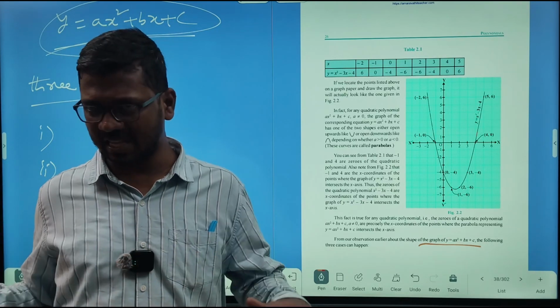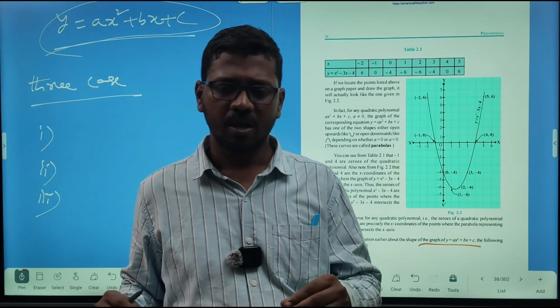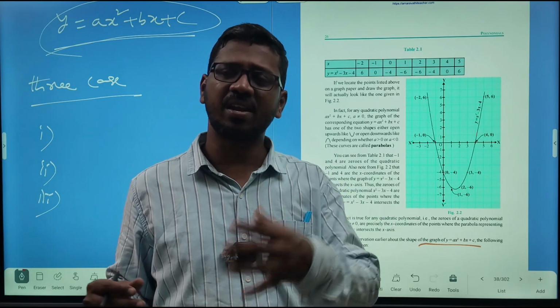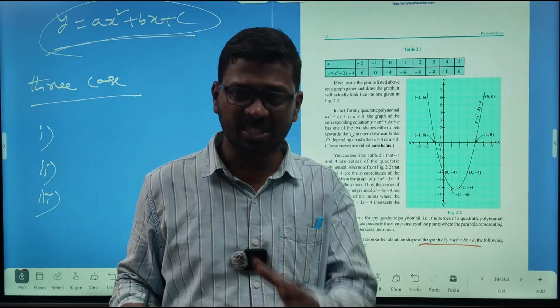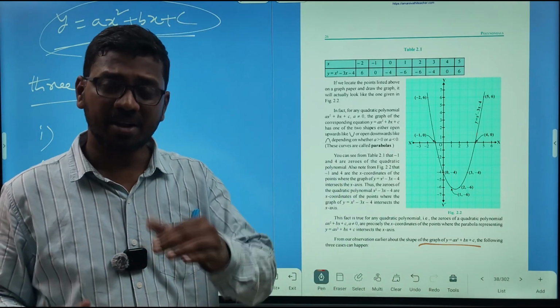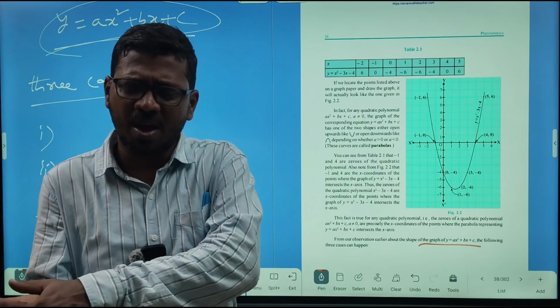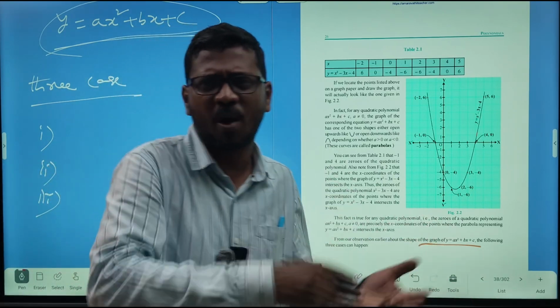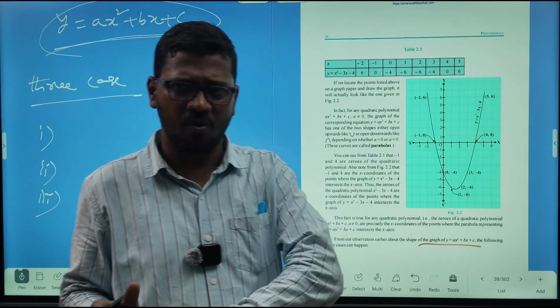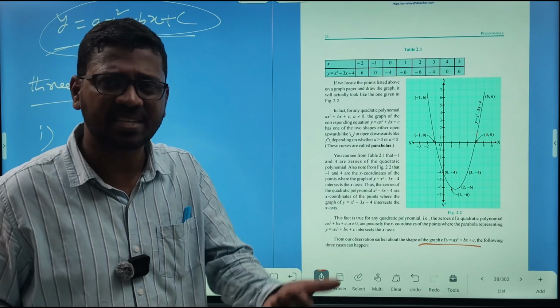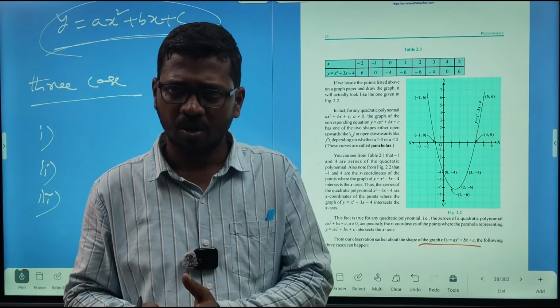Of course, both are not the same, but even if it touches or even if it cuts the x-axis at some point, at that point the y coordinate will always be 0. The x coordinate will be 0 or any other point, but the y coordinate will always be 0 because it cuts or touches the x-axis means the y coordinate will be 0.